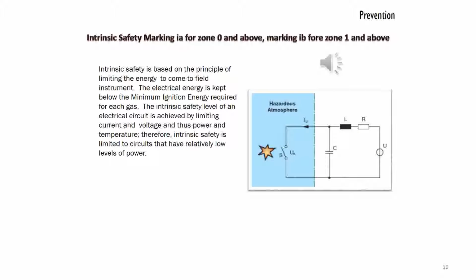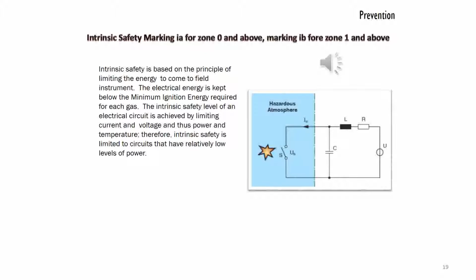Intrinsic safety marking IA for zone 0 and above, and marking IB for zone 1 and above. Intrinsic safety is based on the principle of limiting the energy to come to field instrument. The electrical energy is kept below the minimum ignition energy required for each gas.